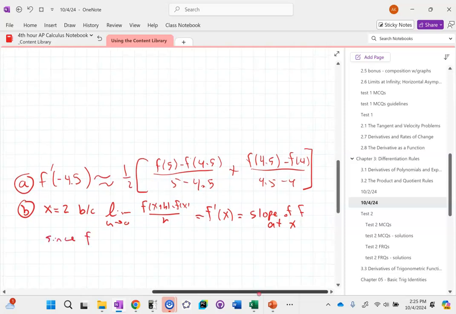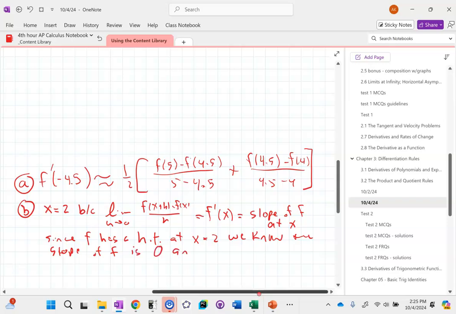Since f has a horizontal tangent at x equals 2, we know the slope of f is 0 at x equals 2. That feel okay as an explanation? So I just described in words how I decoded the symbols that they gave me and used the information to claim that that's the spot.